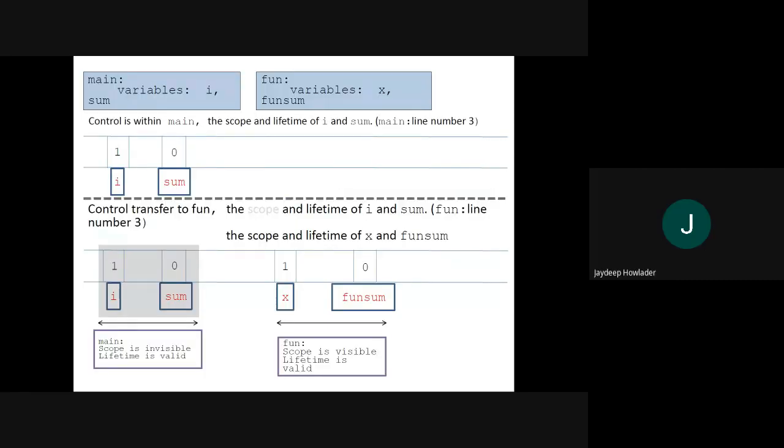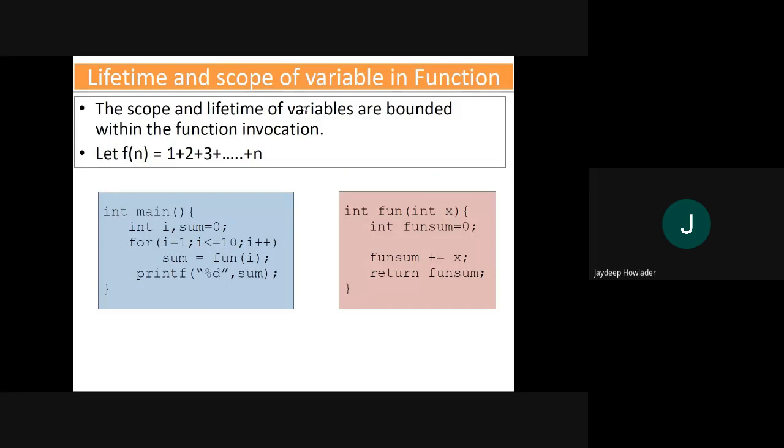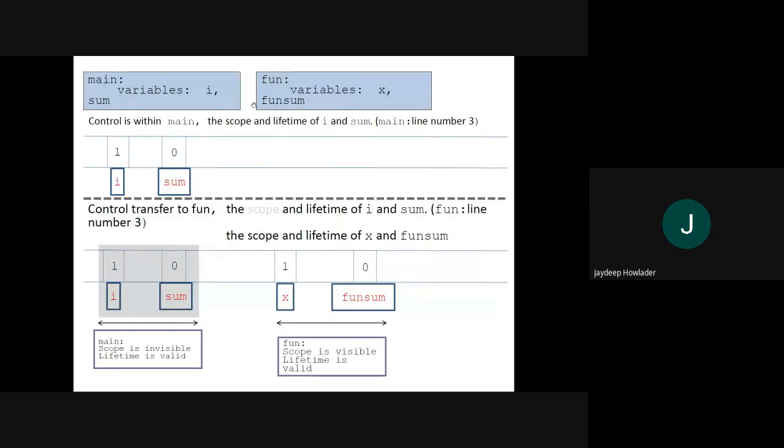Okay, let's take it from here. This is the scenario. In main, we have the variables I and sum. In the function, we have the variables x and sum. So these are the variables available for my program: I and sum in main, x and sum in fun.